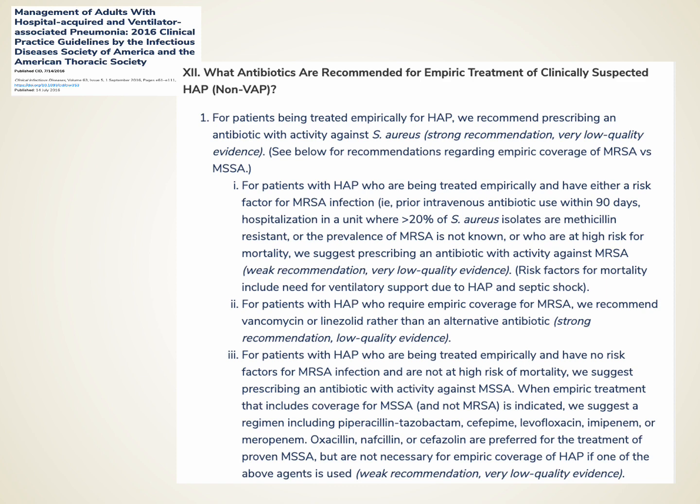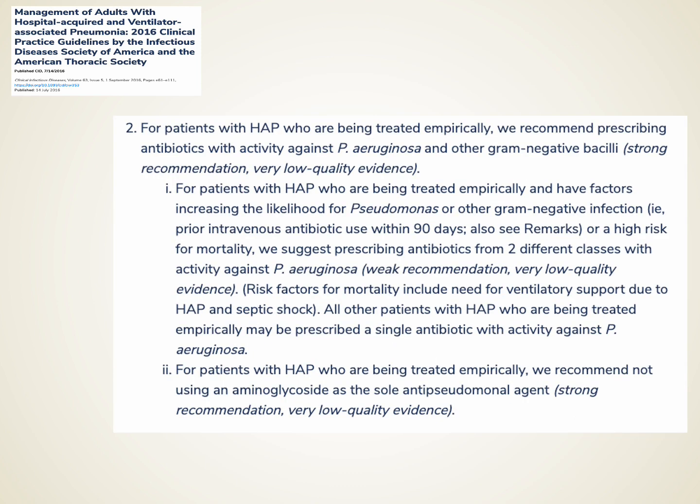So based on the guidelines, what are the recommendations for empirically treating hospital-acquired pneumonia when someone isn't ventilated? For the most part, they're looking at getting adequate broad coverage as you normally would, and then coverage for MRSA, and perhaps coverage also for Pseudomonas. This outlines getting MRSA coverage, and this graphic in the 2016 guidelines recommends getting Pseudomonal coverage, particularly for folks who might have a higher risk factor for that.